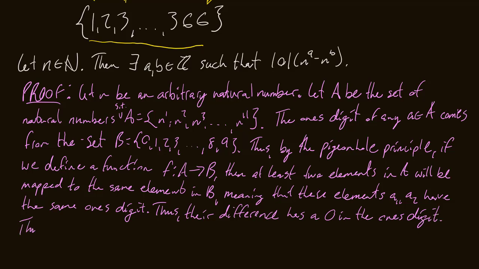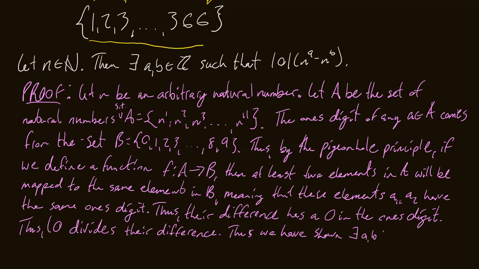Thus, 10 divides their difference, because if a number ends in 0, 10 will divide it. Thus we have shown there exist integers a, b such that 10 divides n to the a minus n to the b. And that's the end of our proof.